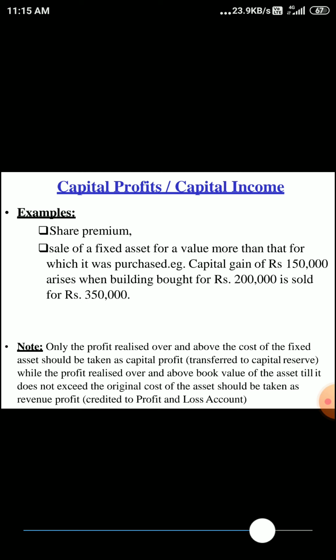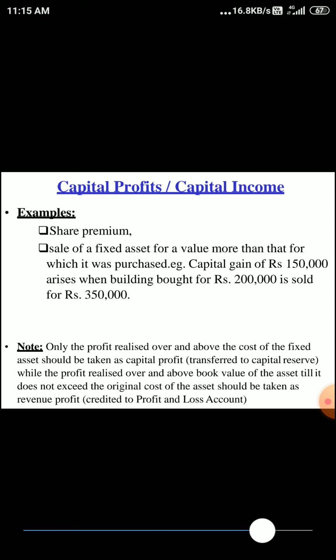That is one example. Similarly, you are selling assets, sale of fixed assets for a value more than that for which they were purchased. You purchased land for your business in 2010 for 10 lakh rupees. Currently, the price of the land is not 10 lakh rupees, the price of the land is 50 lakh rupees. So how much additional are you getting? You are getting 40 lakh rupees additional. 10 lakh rupees is the book value. 50 lakh rupees is the market value.